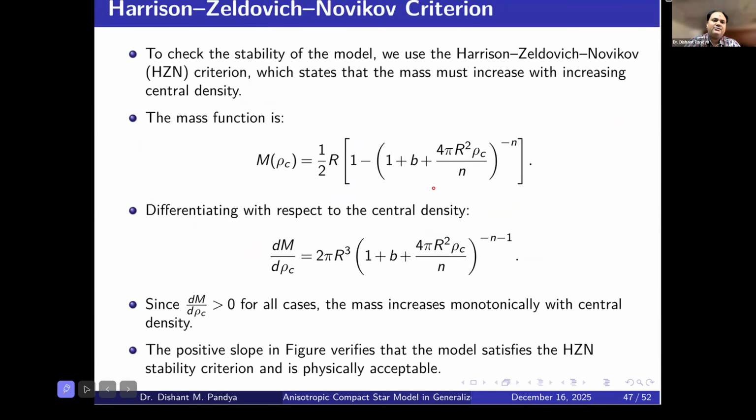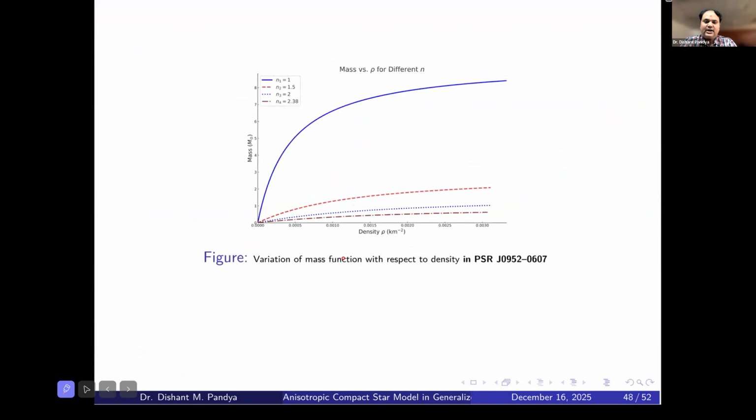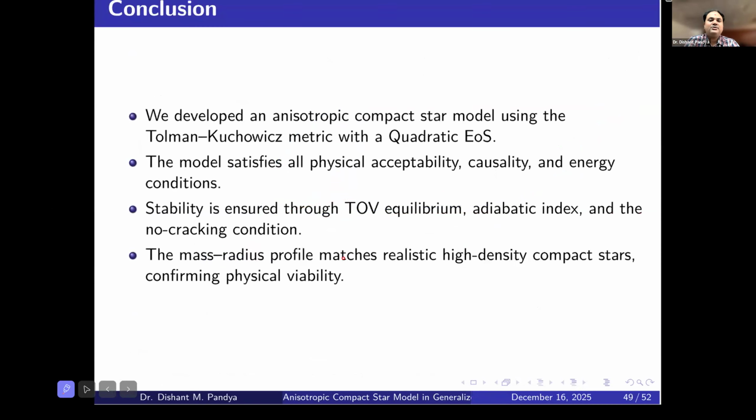And finally, we also imposed the Harrison-Zeldovich-Novikov criterion. This gives us the mass function relationship and its nature with the density, and that graph is also well satisfied. With this, we have found a very mathematically stable stellar solution, which satisfies all the primary requirements.